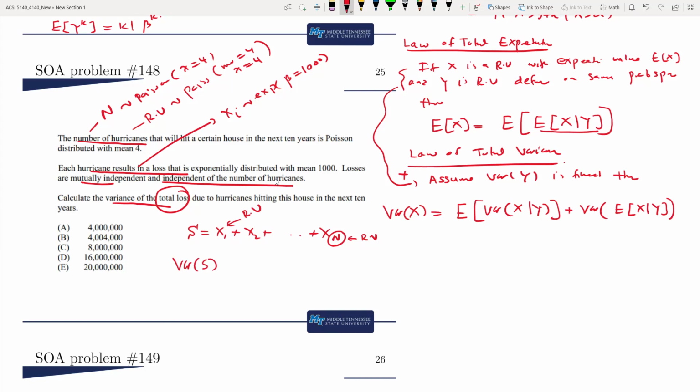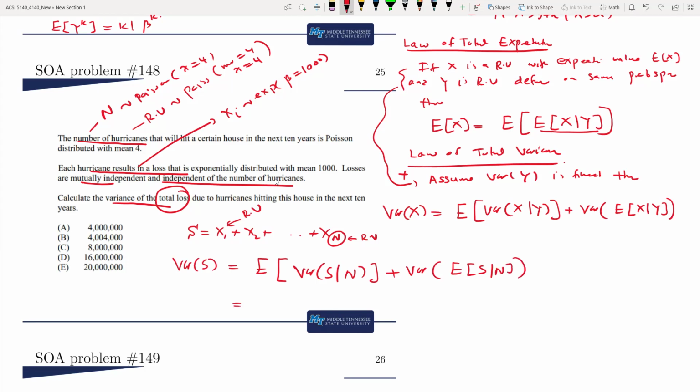Since n is random, I can use the law of total variance. So I can write this as the expected value of the variance of S given n, so I'm conditioning on the number of hurricanes, plus the variance of the expected value of S conditional on n.